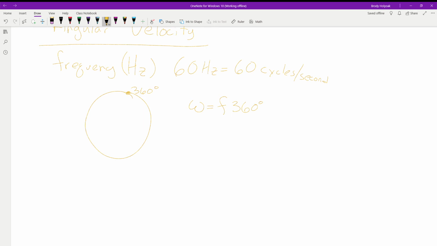What's funny is it gives you the formulas too. Yep, W is our angular velocity. It's measured in degrees per second.